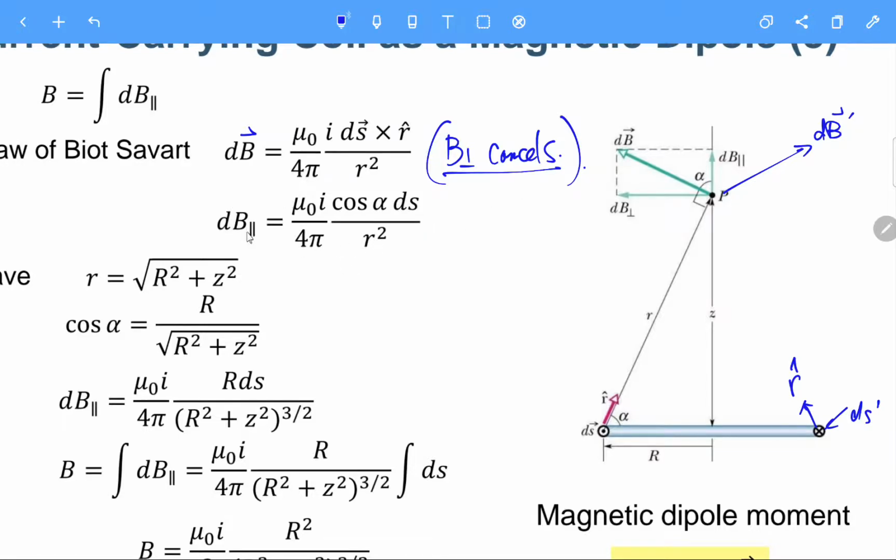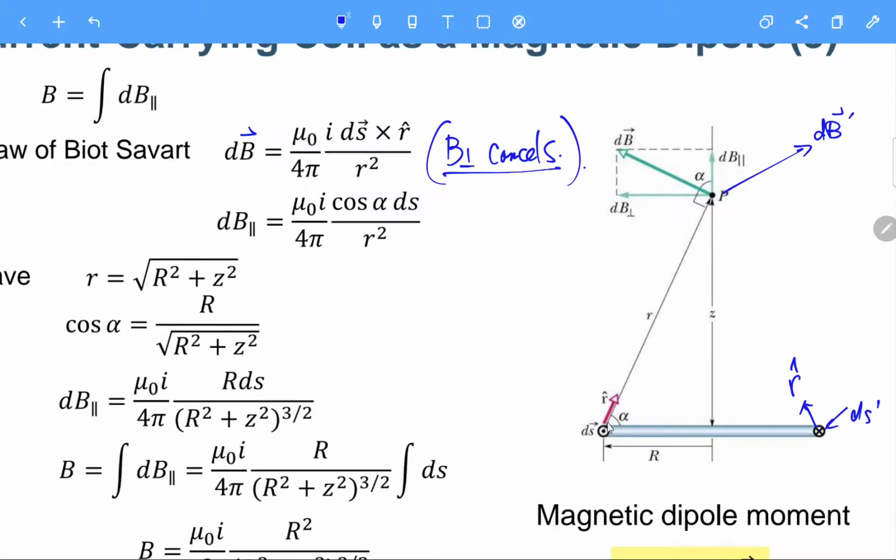So we only consider dB parallel, and of course mu0 over 4 pi I, we just keep it here. So when we consider the cross product, we need to consider the angle between them.